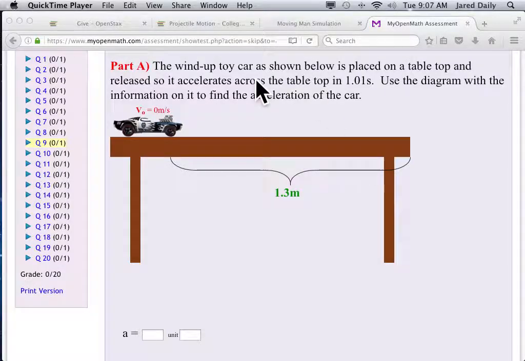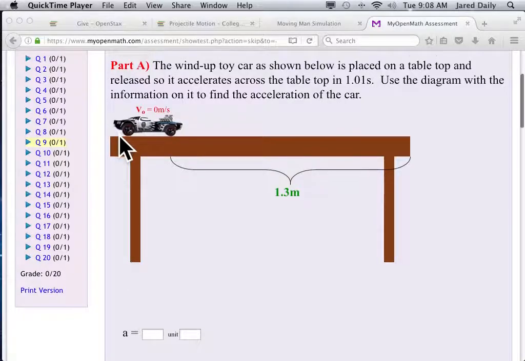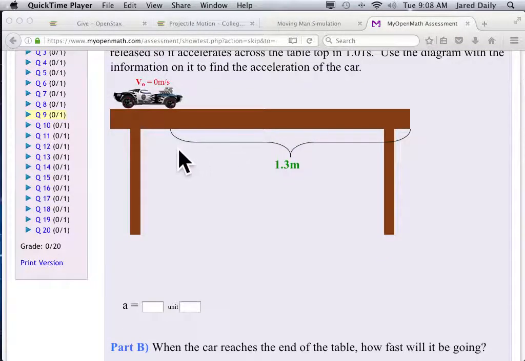So in that case, they've told you that it's placed on the tabletop and released, so it accelerates across this in 1.01 seconds, right? You know the distance that it travels, and you know how long it travels, and you know its initial velocity. So with distance, time, and initial velocity, there's a kinematic equation that will tell you the final velocity if you know that it's accelerating constantly, which it does.